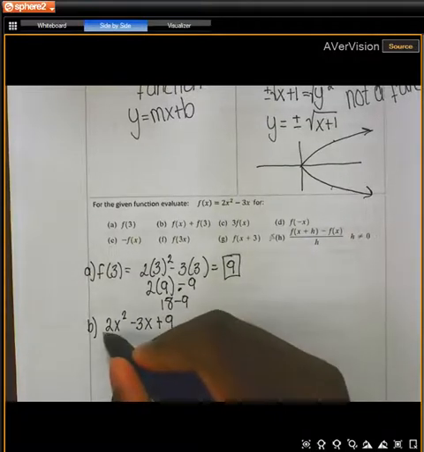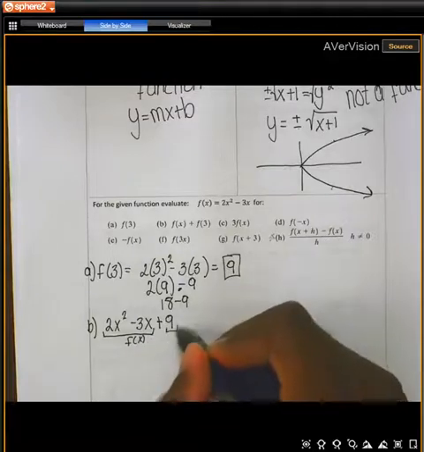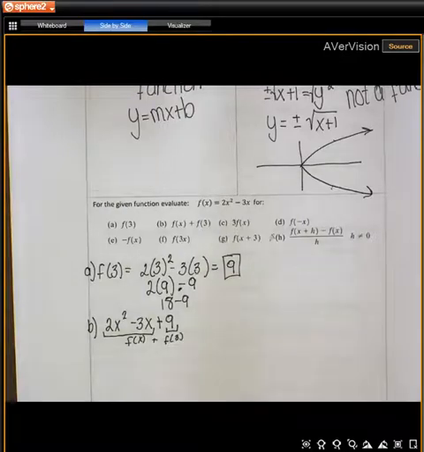This portion was f of x, and this portion was f of 3. Simple enough.